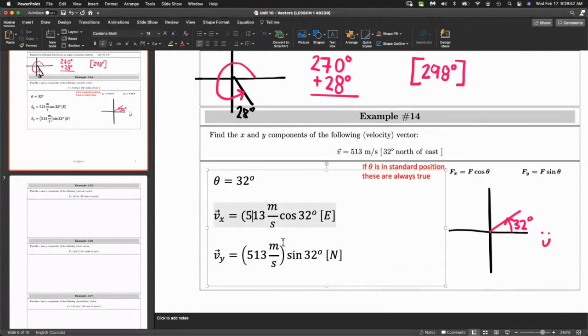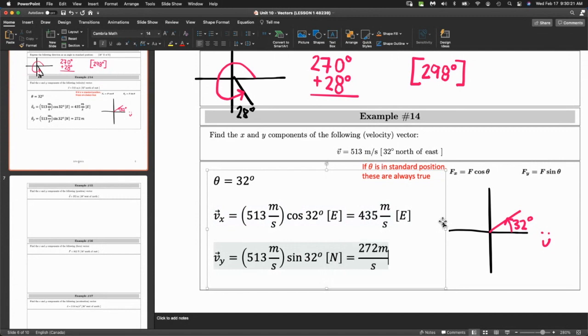Okay, can someone do the calculation then and provide us with the numerical values? Thank you, Jai. So the x component for the velocity is going to be 435 meters per second east. And the y component is going to be 272 meters per second north.